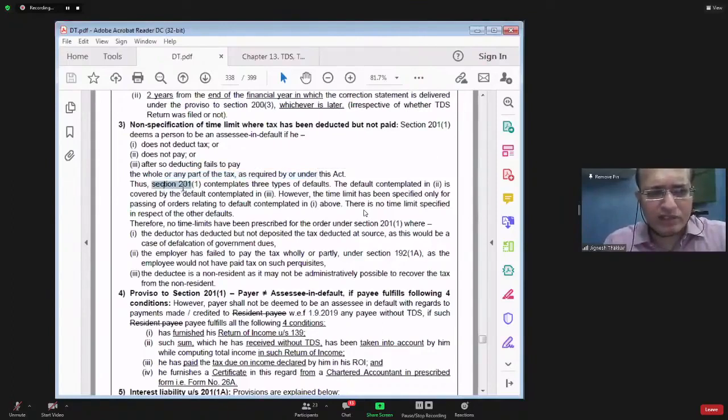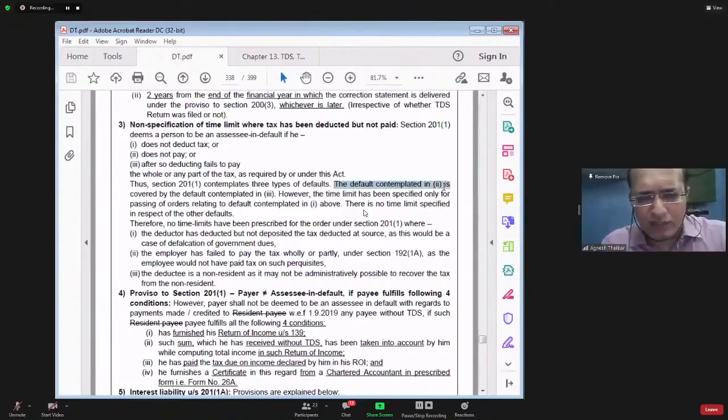In that case, section 201, subsection 1 contemplates three types of default. Number one, tax is not deducted. Number two, tax is not paid. And number three, after deducting tax, entire amount is not paid or part amount is not paid.